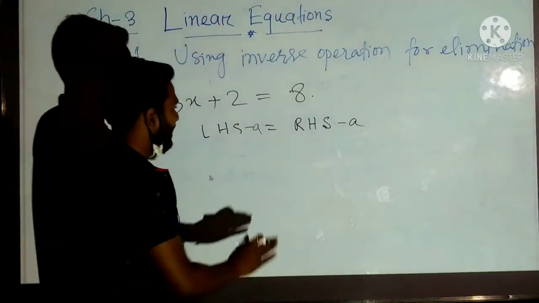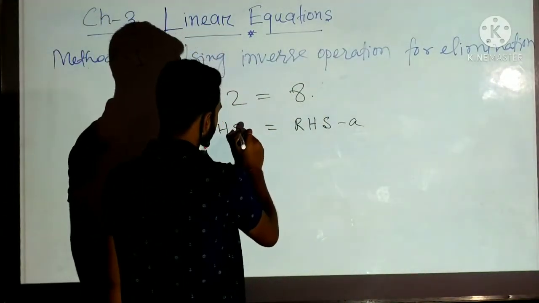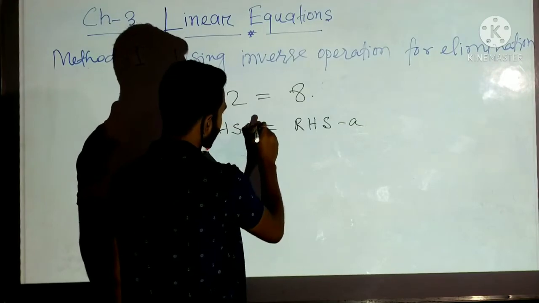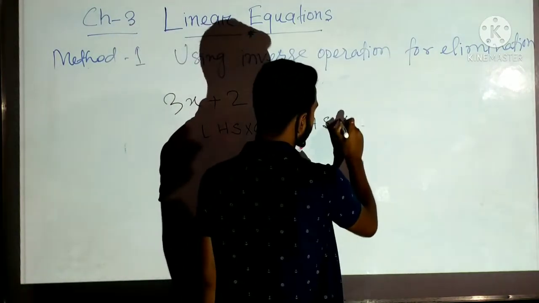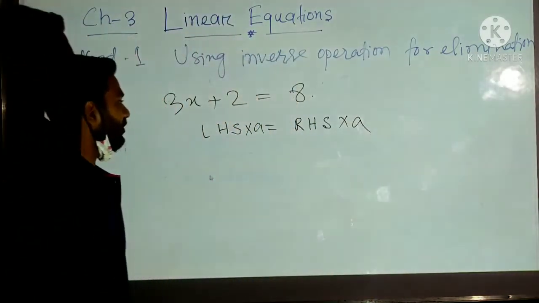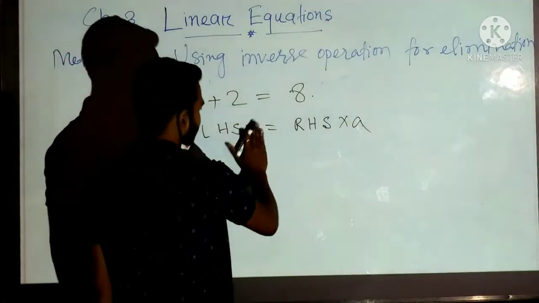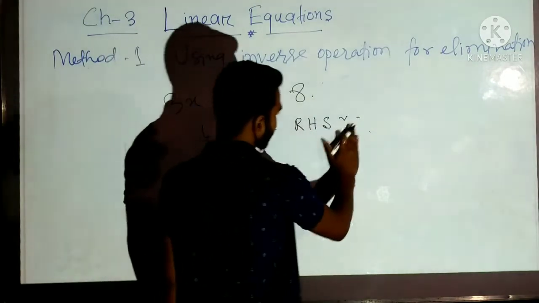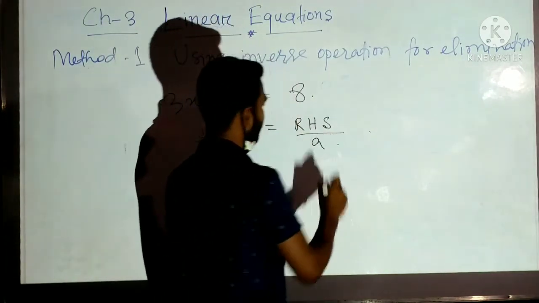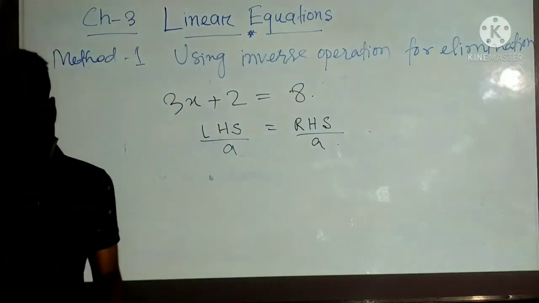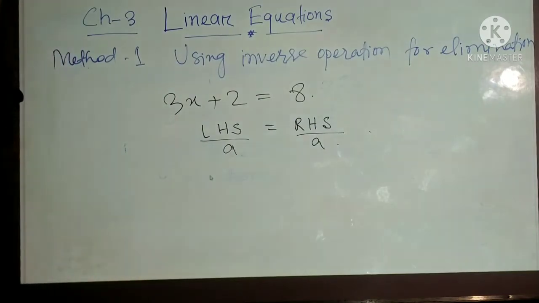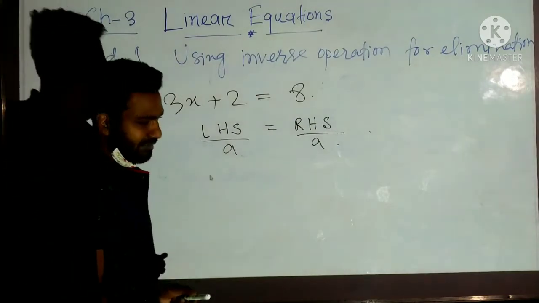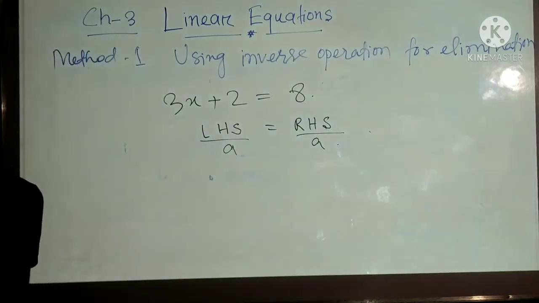Also we can multiply the same number to the left hand side and right hand side, and also we can divide both sides by the same number. We will use this method to solve this linear equation.